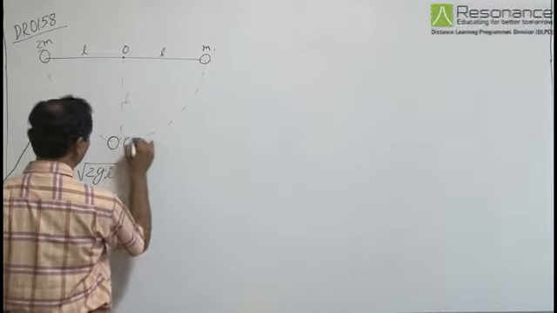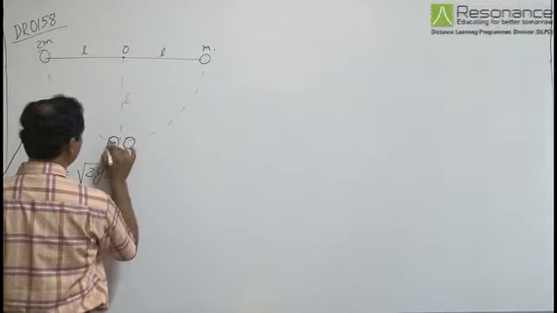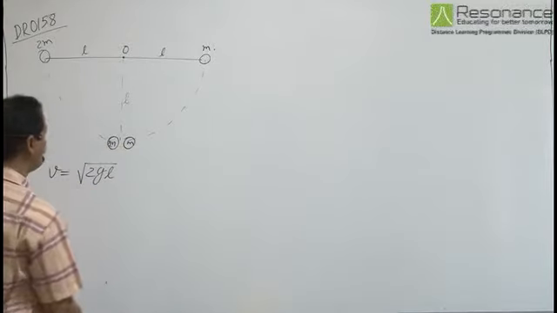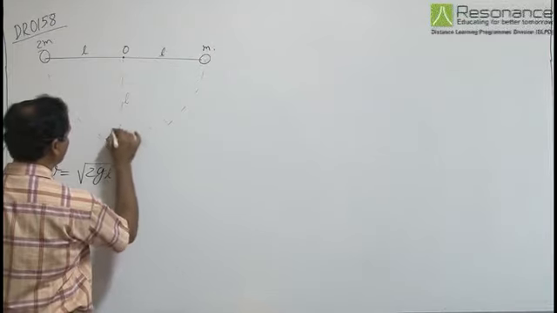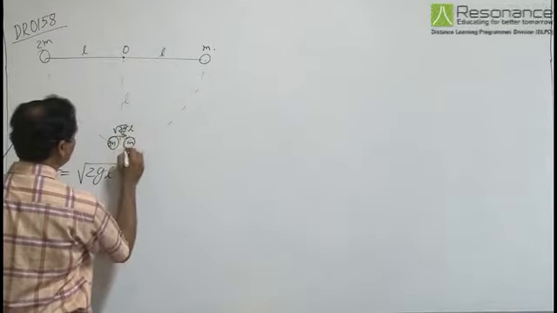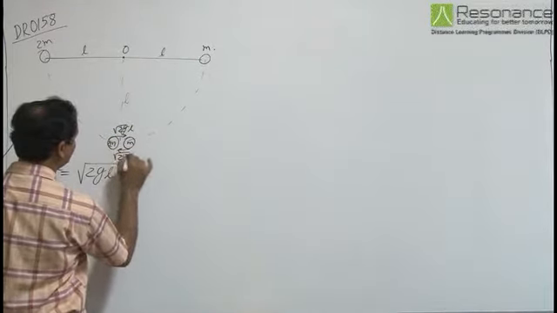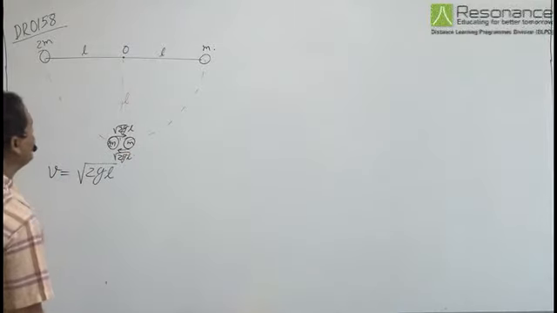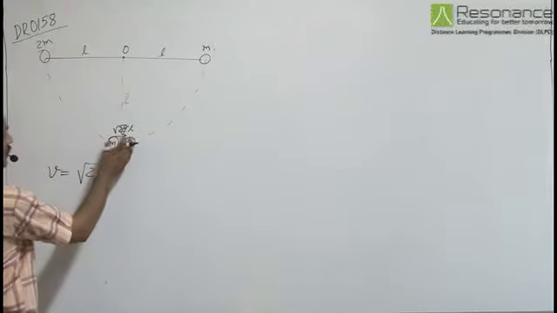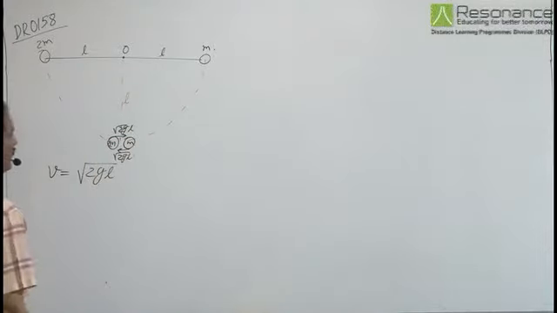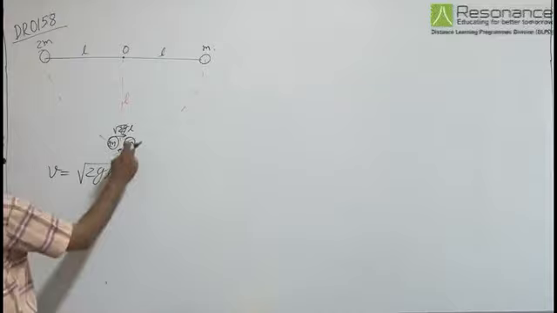So we have two balls of masses 2m and m, and their velocities are towards each other, that is under root 2gL and root 2gL. These are the velocities of the ball. In collision, momentum before collision and after collision is conserved.